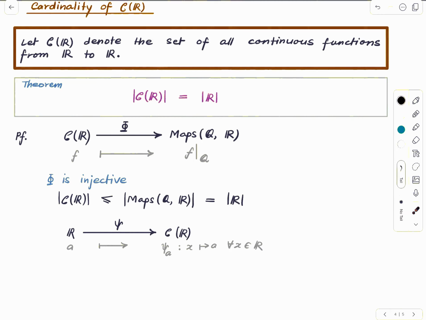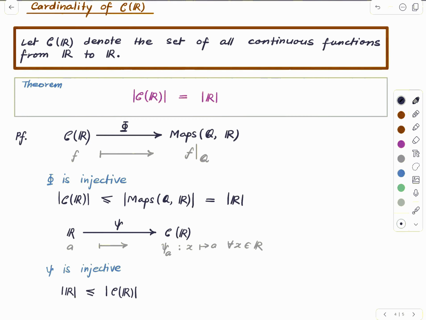So all we are doing is, for a real number a, just define the function which takes the value a everywhere. And that is what we associate to this point. And this is also an injective map. So psi is injective, and thus we have the reverse thing.